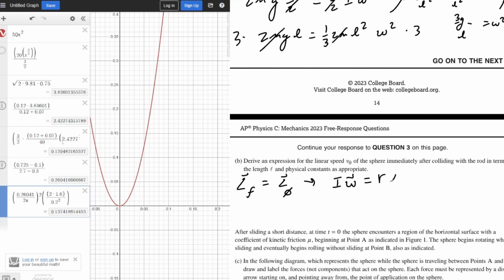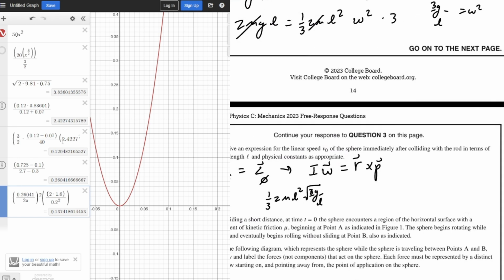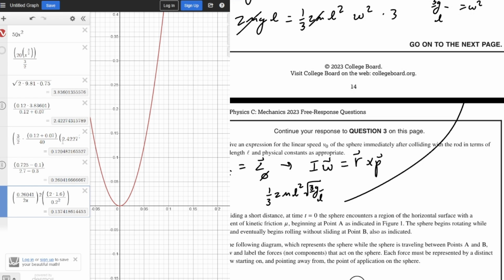So we're going to say r cross p, right? So I of that bar was 1/3 2m L squared and the square root of 3g over L. We're subbing in our answer from up there, right?